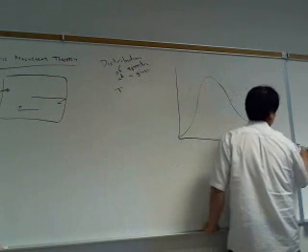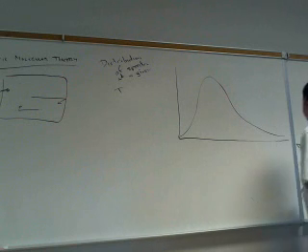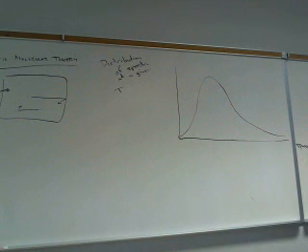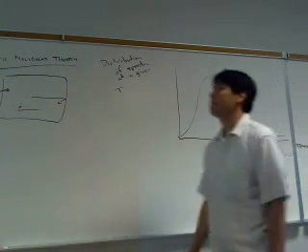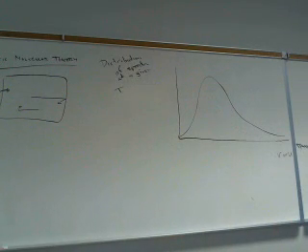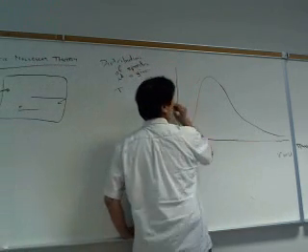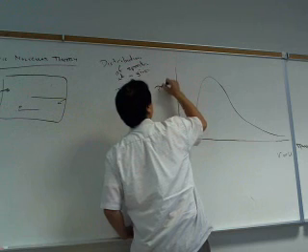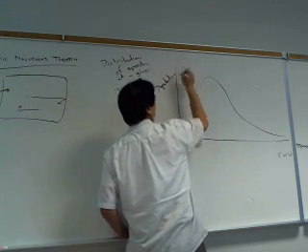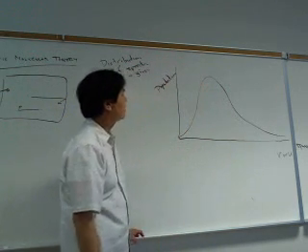This would be the speed. Speed is also called velocity, and it's given different symbols like V or U. This distribution is given by population on the y-axis and speed on the x-axis.